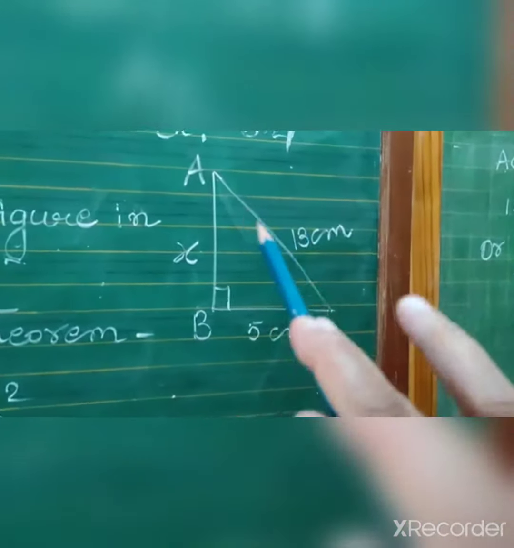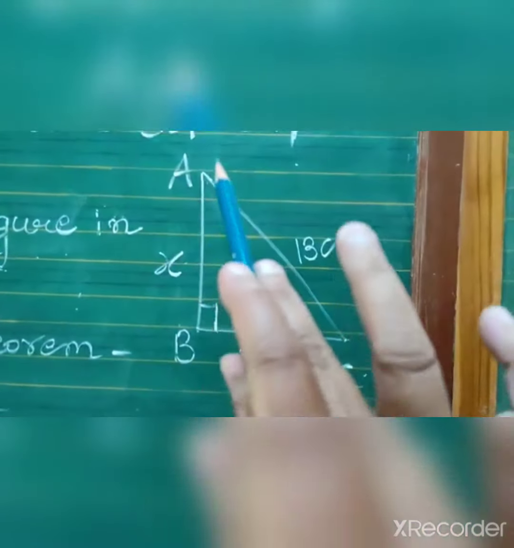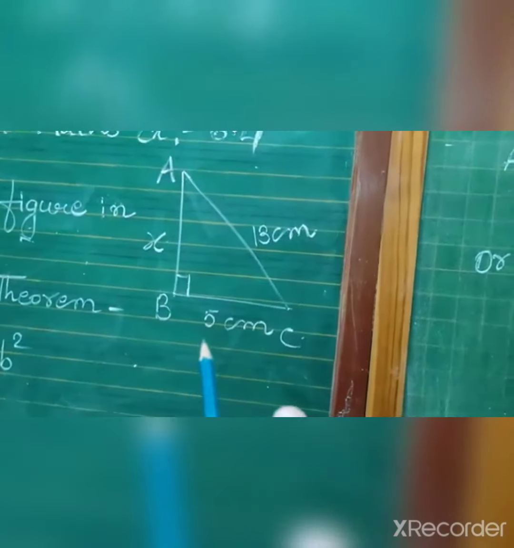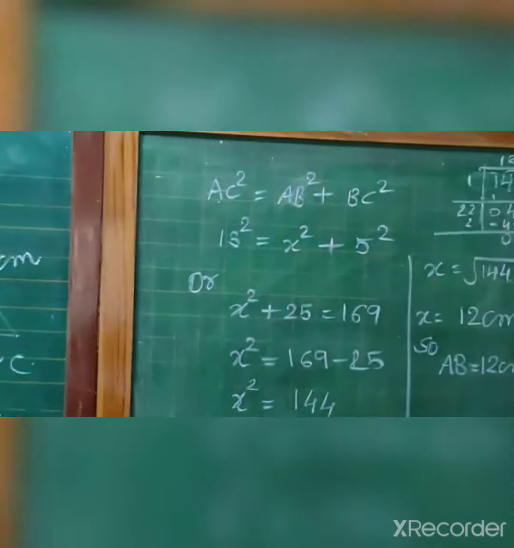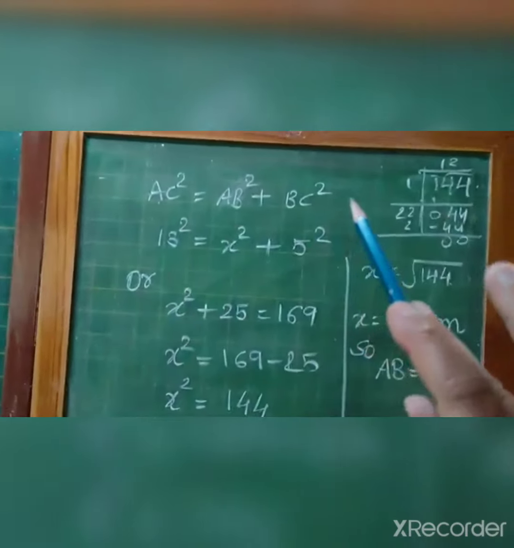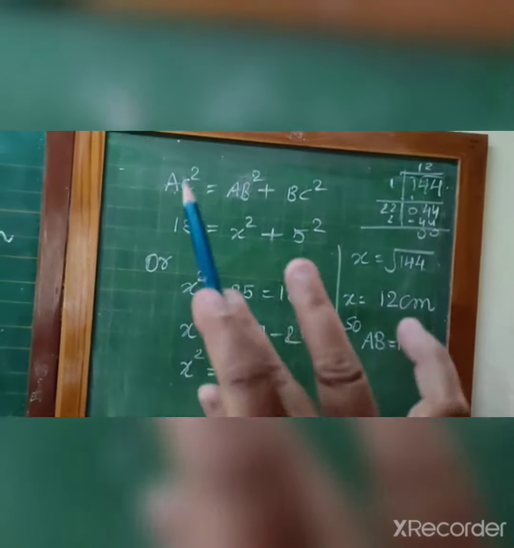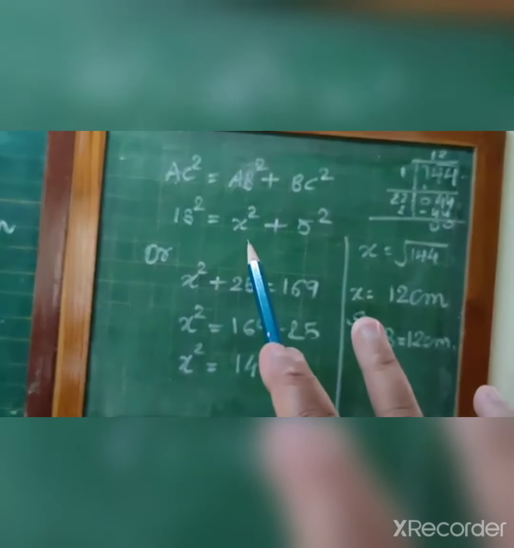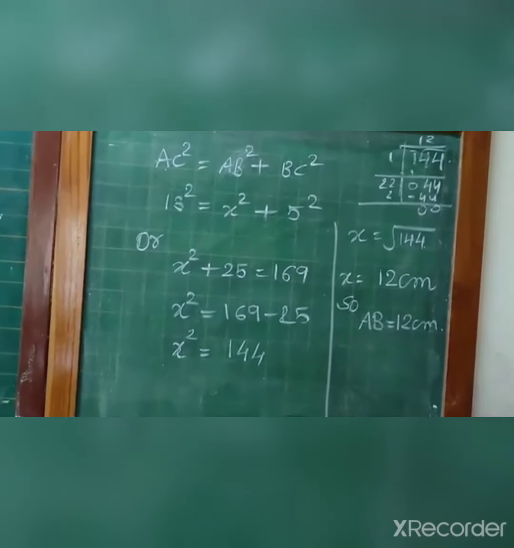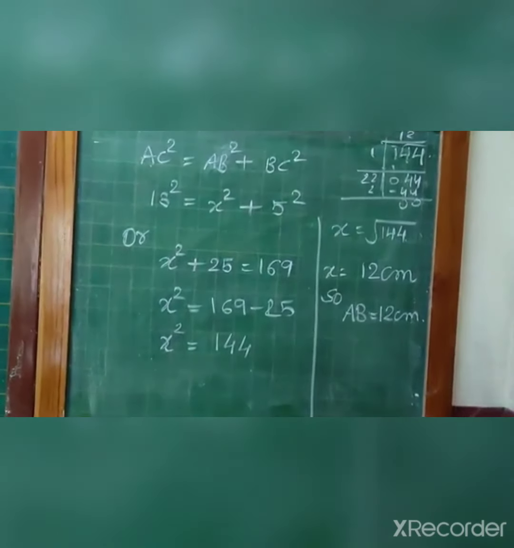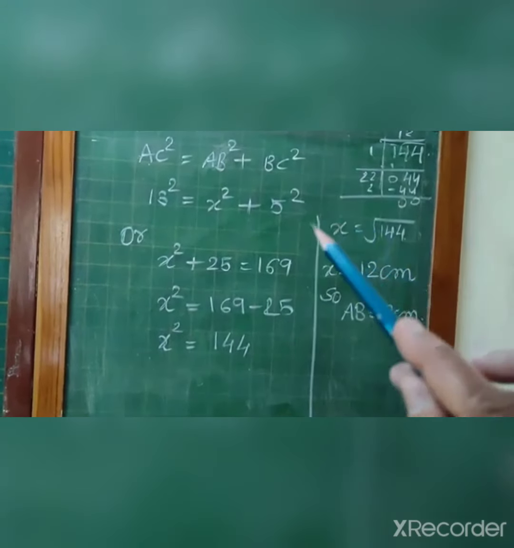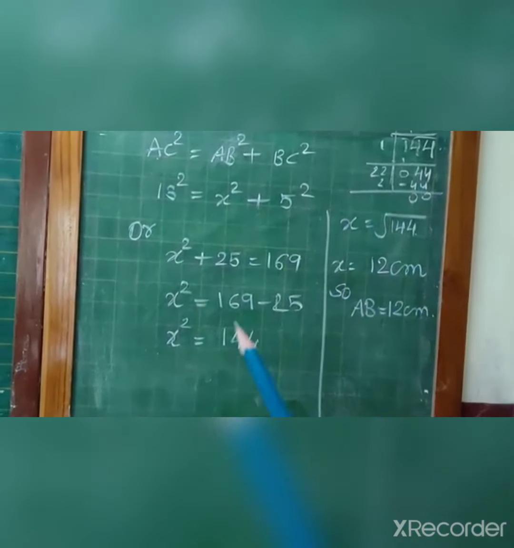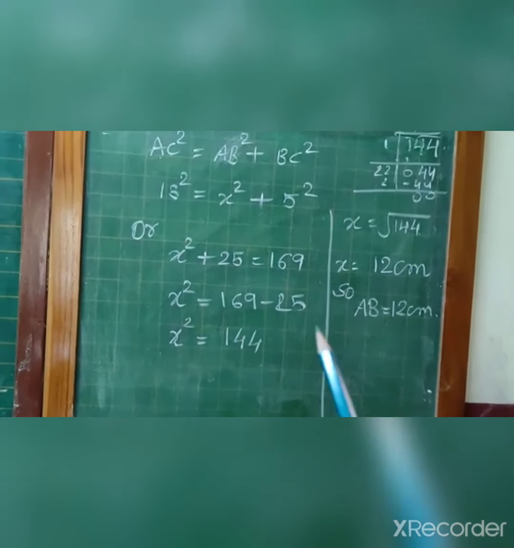You can see here AC is the hypotenuse, perpendicular AB and BC base. So AC square equals AB square plus BC square. Now put the values: 13 square is equal to x square plus 5 square, where x is the variable whose value we have to calculate. So x square plus 5 into 5, that is 25, and 13 into 13 is 169.